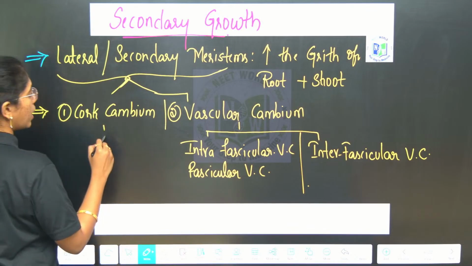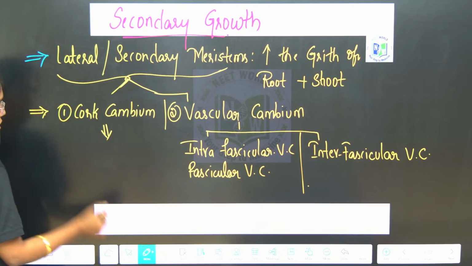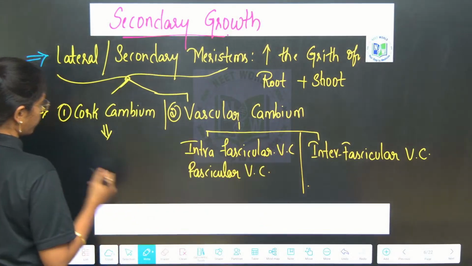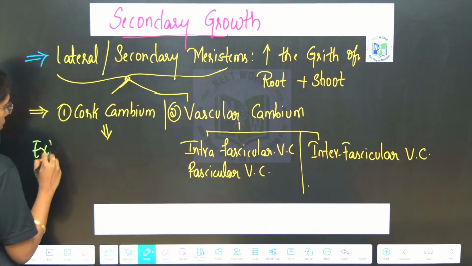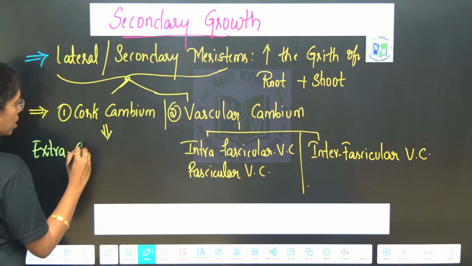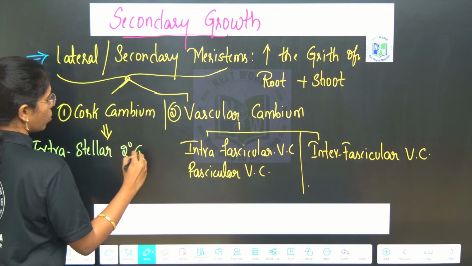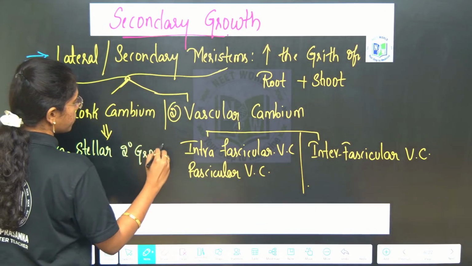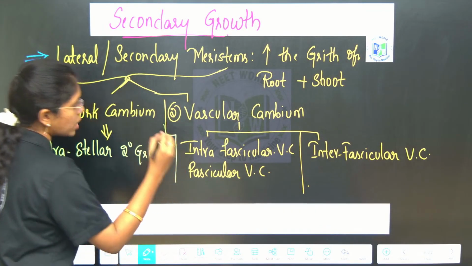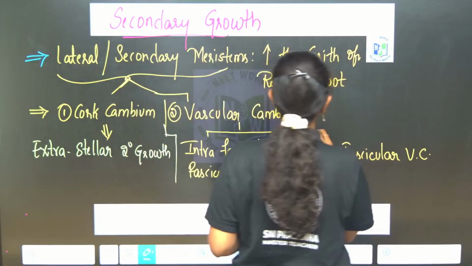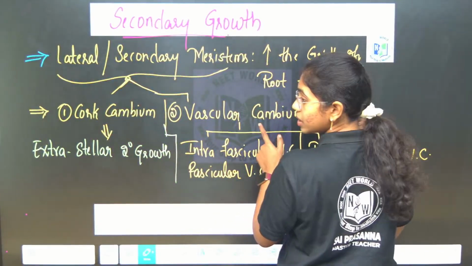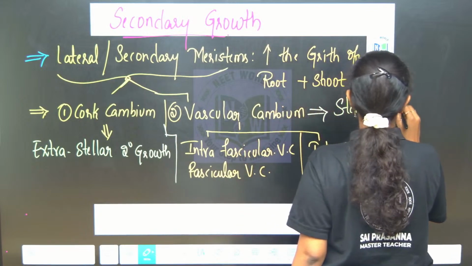Cork cambium will conduct extrastellar secondary growth, whereas vascular cambium will conduct stellar secondary growth because it occurs in the stele region.